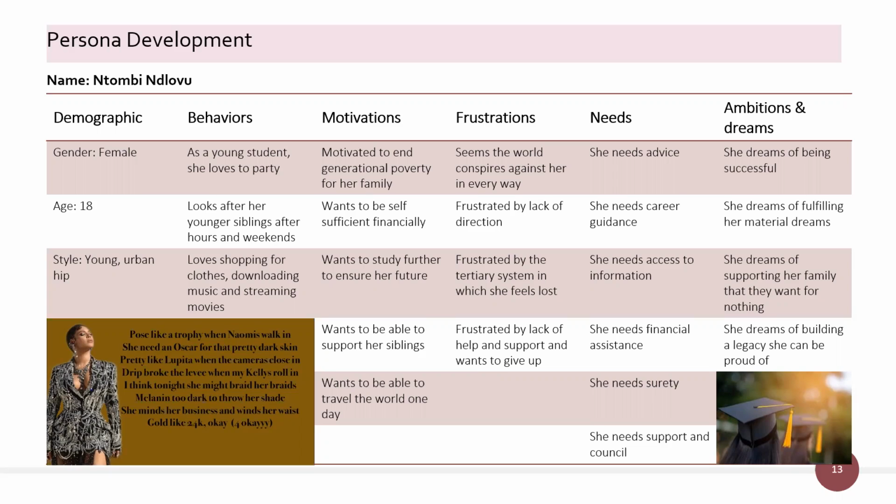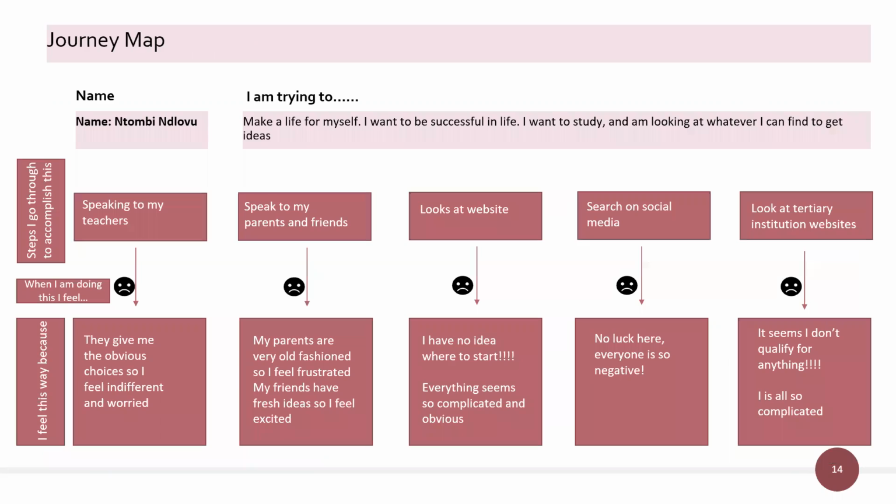Once we developed the persona, we then moved on to map the journey for Ntombi Ndlovu. Ntombi Ndlovu is trying to actually really create a successful life for herself. And these are the steps then she goes through in order to accomplish this. She then speaks to her teachers, speaks to her parents and friends, searches on the internet, searches on social media, searches tertiary institution websites.